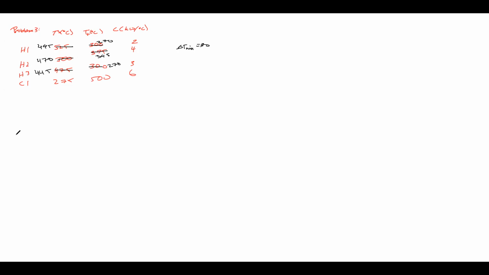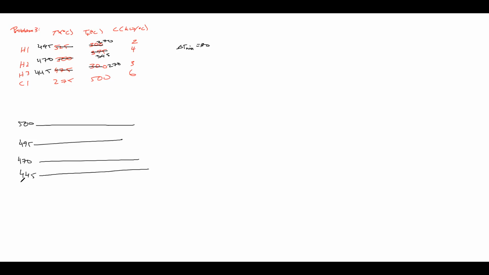So now I'm going to arrange the temperatures from highest to lowest and plot my streams. From highest to lowest, I'm going to get 500, 495, 470, 445, 345, 275, and 270.